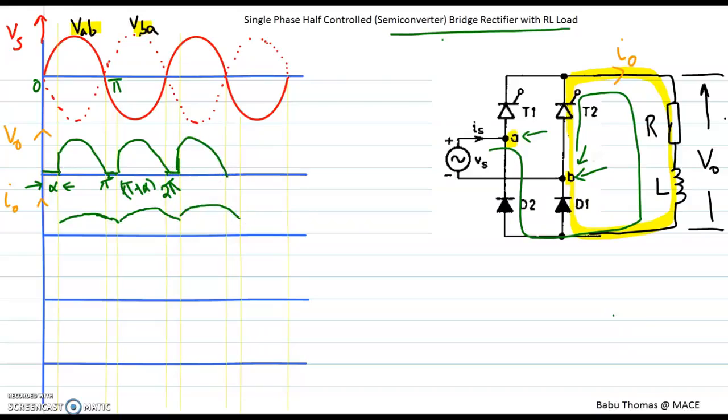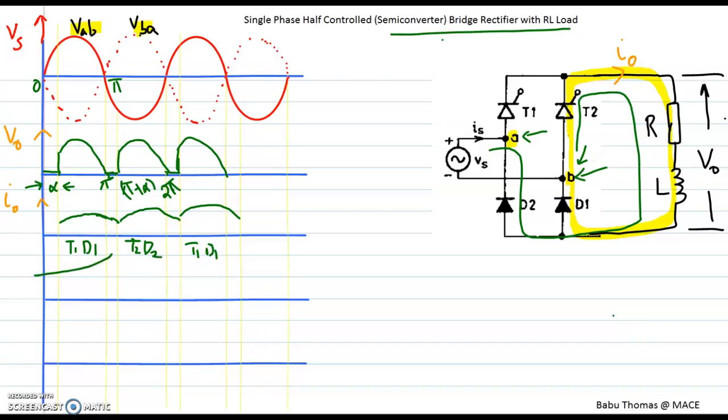So now I can also plot the devices which are conducting. During this period it is T1 and D1. During this period it is T2 and D2. This is again T1 and D1. Now, which device was conducting during this period?